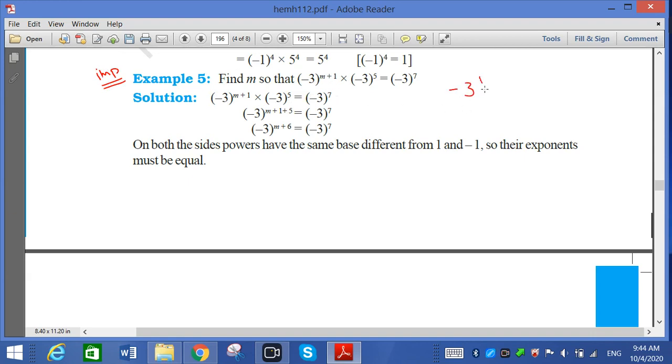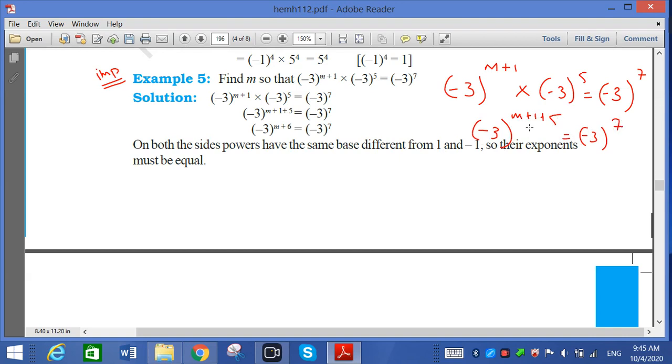Minus 3 the power m plus 1 multiply minus 3 the power 5 is equal to minus 3 the power 7. So we know that in multiplication what we have to do? Addition of power. So minus 3 the power m plus 1 plus 5 is equal to minus 3 the power 7.